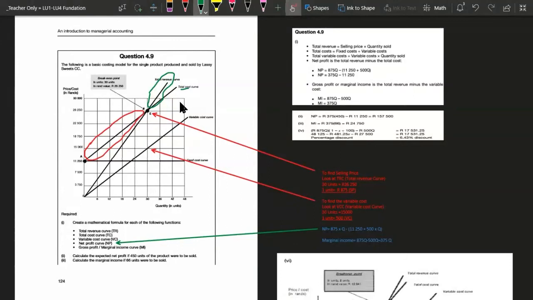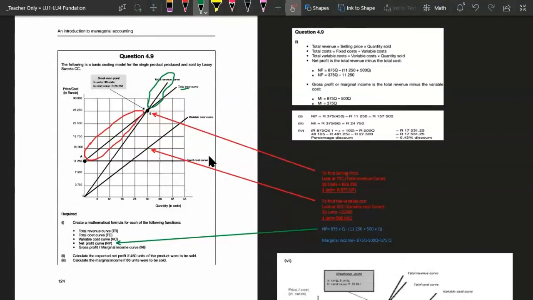That break-even is very important for the management of your business, because you can see by what quantity do I need to produce to break even? And then beyond that, everything that comes in, you will be getting a profit and not a loss, because your total revenue will be more than the total cost.